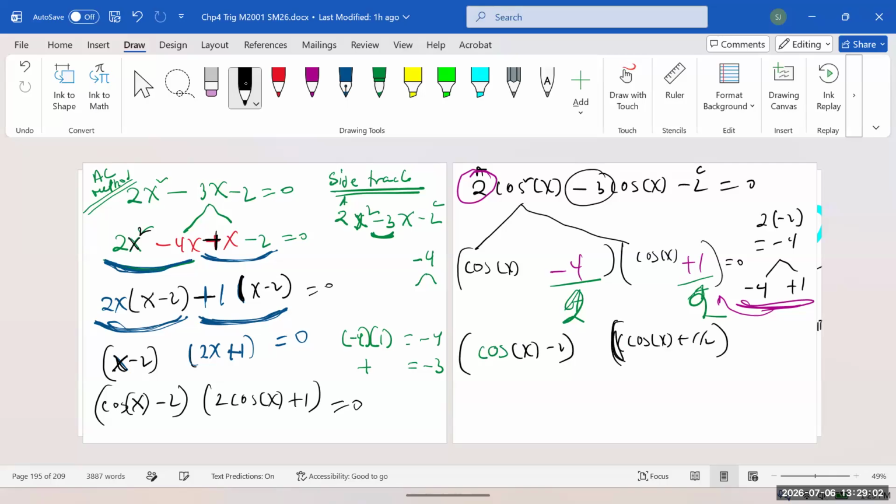That's it. Try to solve for x. Cosine x is 2. Cosine x is negative 1/2. Simple. And then you figure out which angle gives you 2 and which angle gives you negative 1/2.